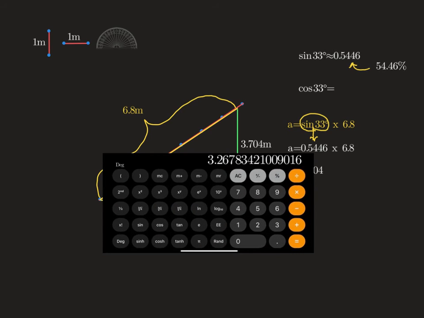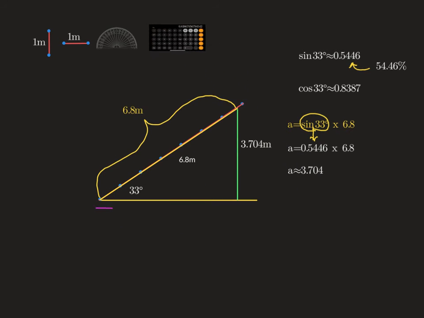Now the cosine of an angle is very similar. The cosine of 33 degrees is about 0.83867, or let's say 0.8387 rounded. That means that this line here will be about 83.87% of the full thing. So just under 84% of the full thing.